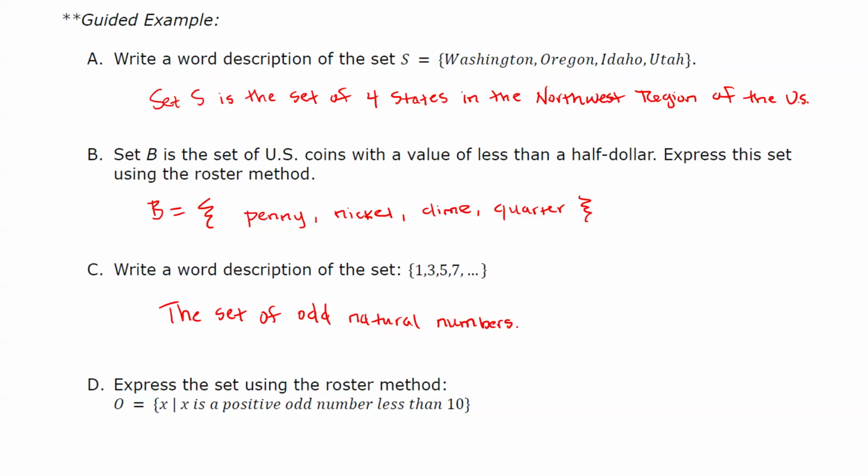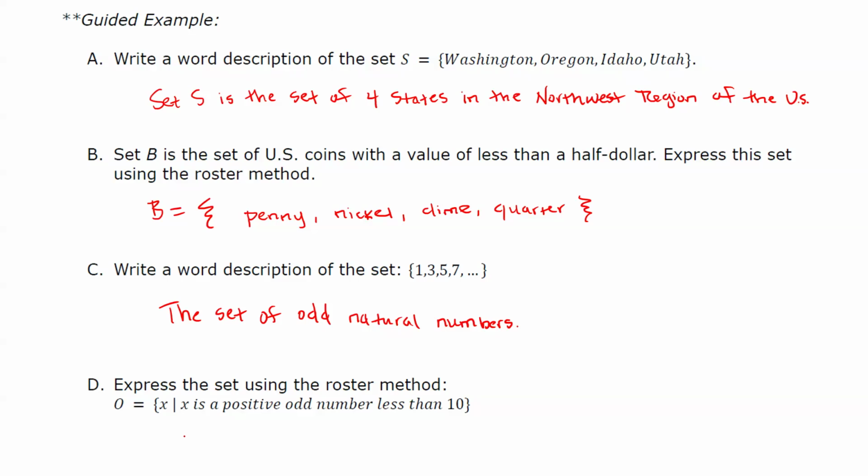Okay. D, express the set using the roster method. So again, listing out all of the elements within braces. So we have a set O, and this is equal to the set of all elements of X such that X is a positive odd number less than 10.